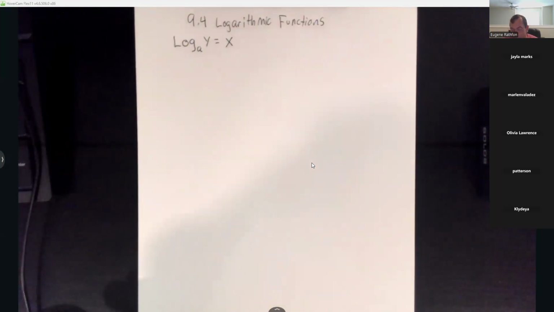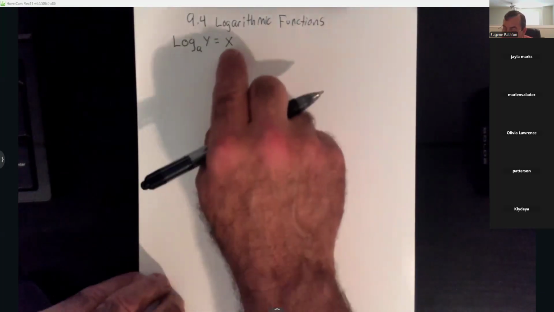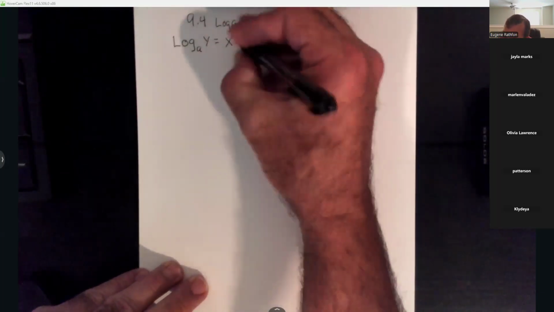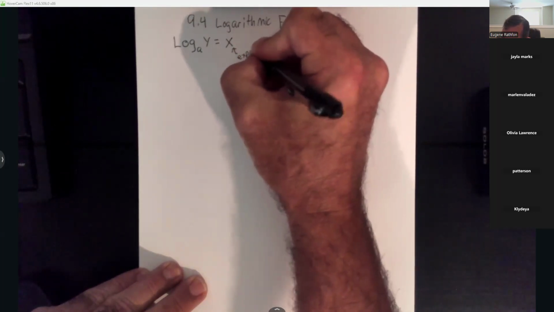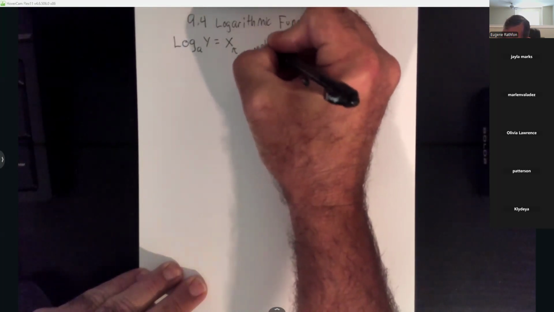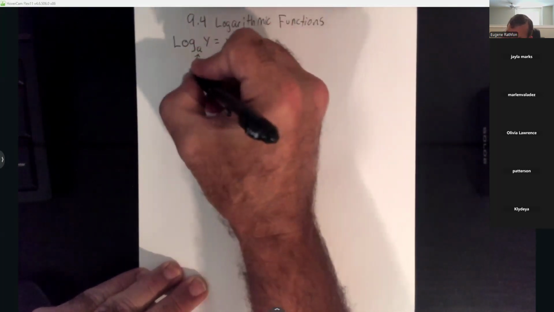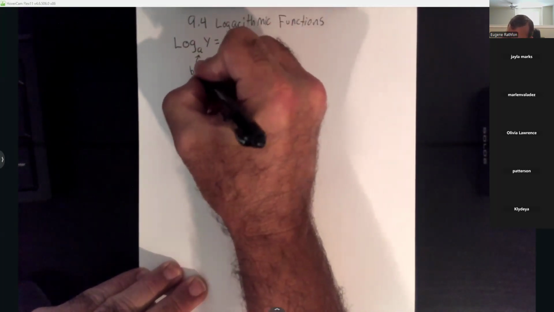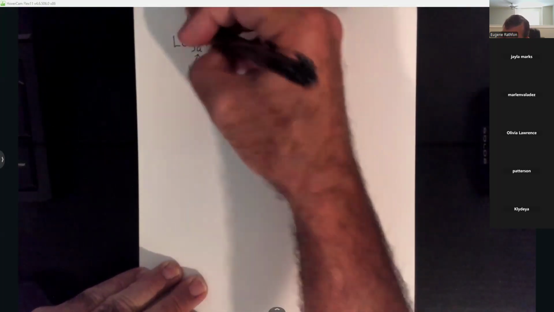So y'all, basically, a logarithm finds an exponent. So this is the exponent it's finding. A is the base, and y is the result.